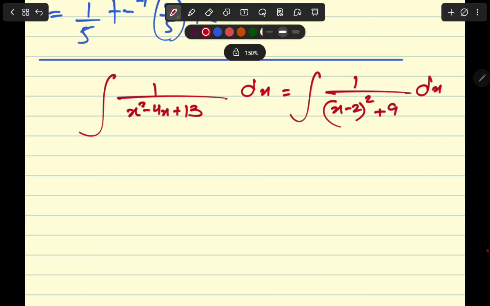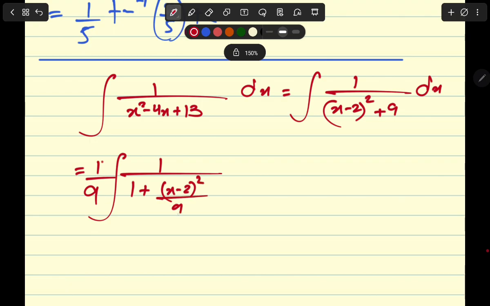Okay, now using the inverse tangent form, I can rewrite it. So this is 1 upon 3 squared plus, or I can first of all factor the 9 out. So this is 1 upon 9, and this is 1 plus (x minus 2) whole squared upon 9, right?